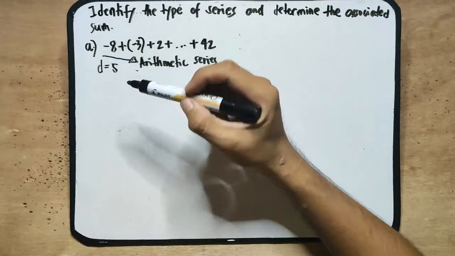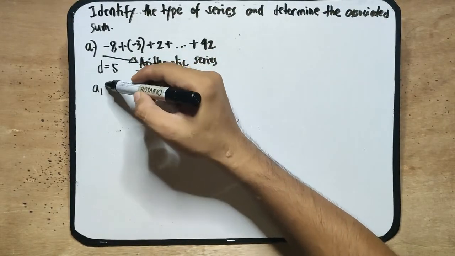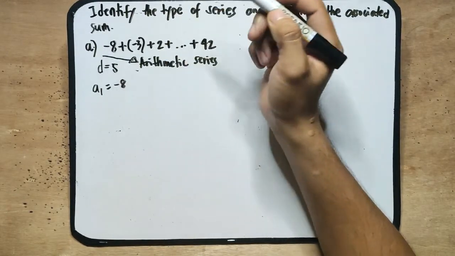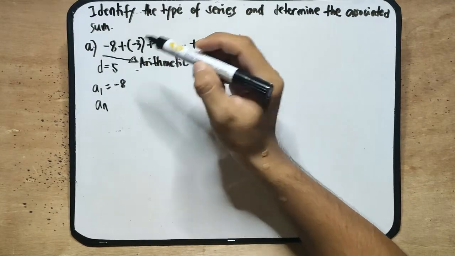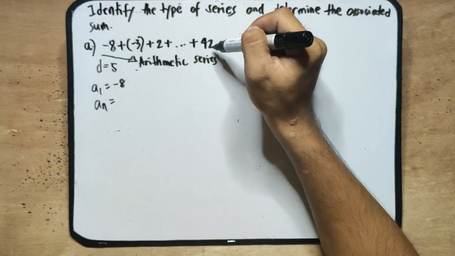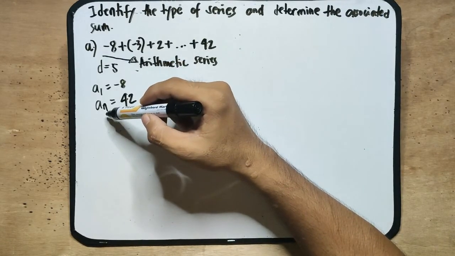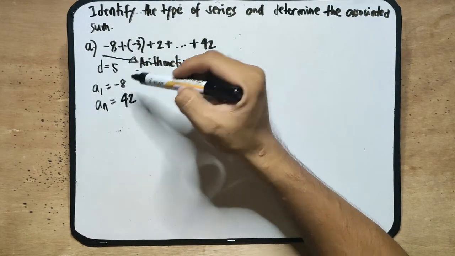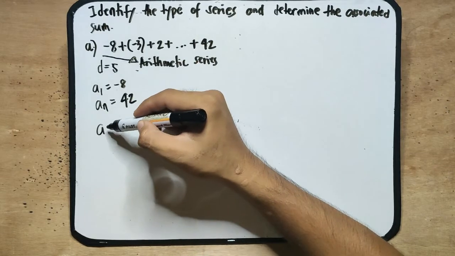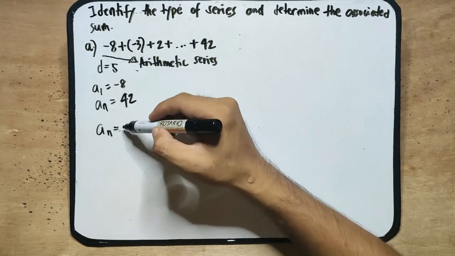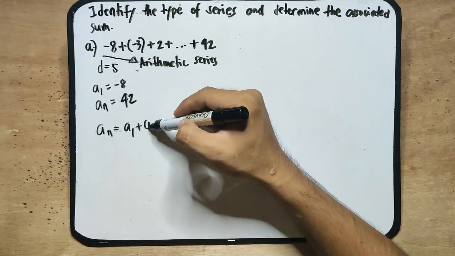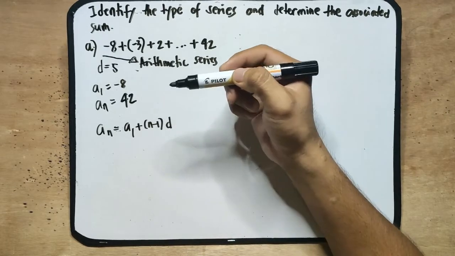So, we have a sub 1 is negative 8 and a sub n is, this will be 42. So, para mahanap natin yung value ni n, we substitute these information sa formula na a sub n is equal to a sub 1 plus n minus 1 times d.